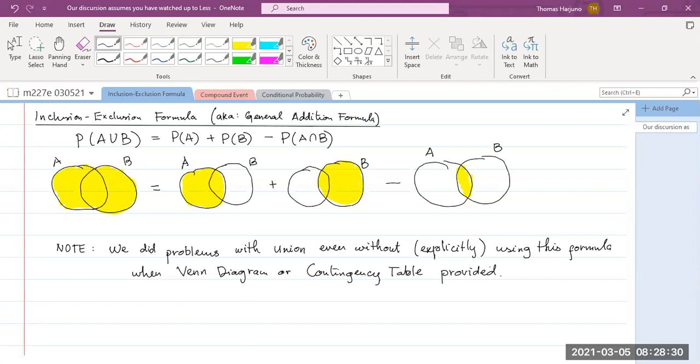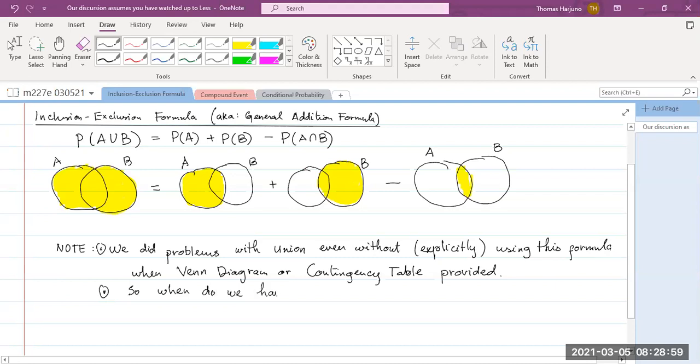Thomas, I like formulas. Can I still use formulas? Yes, you can. So you can apply these formulas even to what we did last week. Okay, but you will see it will actually take a lot more time. No need. Okay, so under what situation will we use this formula? When do we have to use this formula?